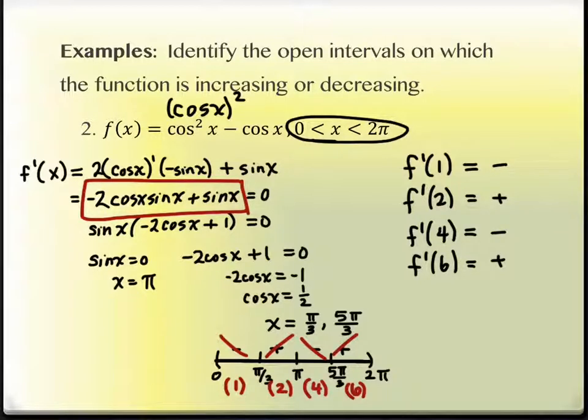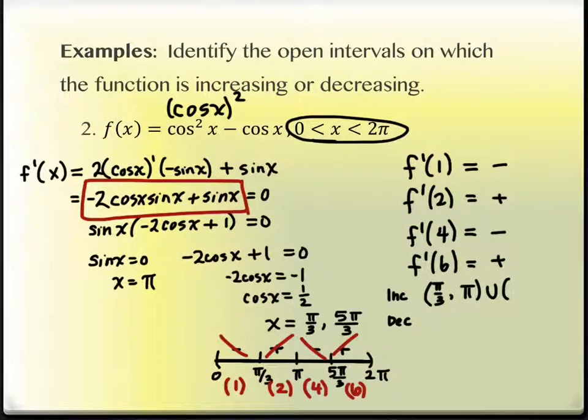So let's put it together the way we ended with it on the last one, where we identified where it was increasing and where it was decreasing in interval form. So where does this graph begin increasing? Pi over 3. And where will it end increasing? At pi.